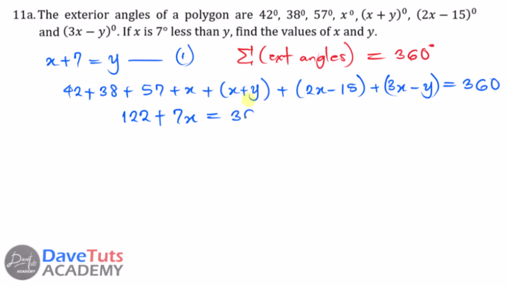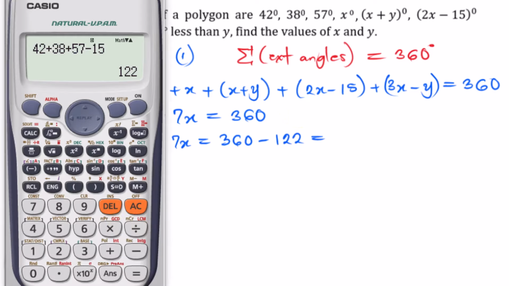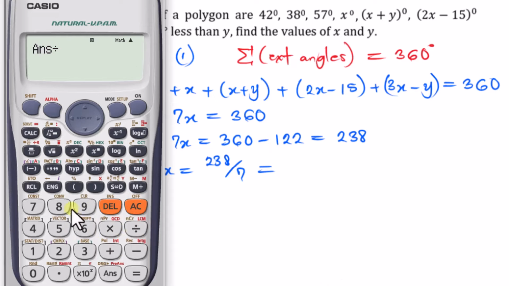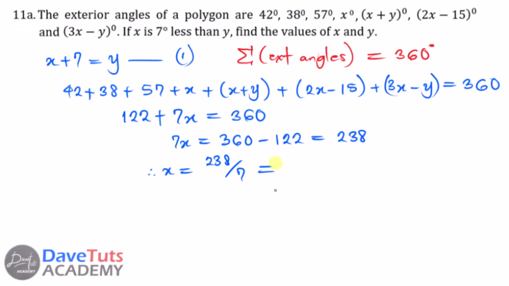We can set this sum to 360 degrees, such that 7x is equal to 360 minus 122. And that's going to give us 238. Therefore, x is going to be 238 divided by 7. This is 34. So the value of x is 34 degrees.